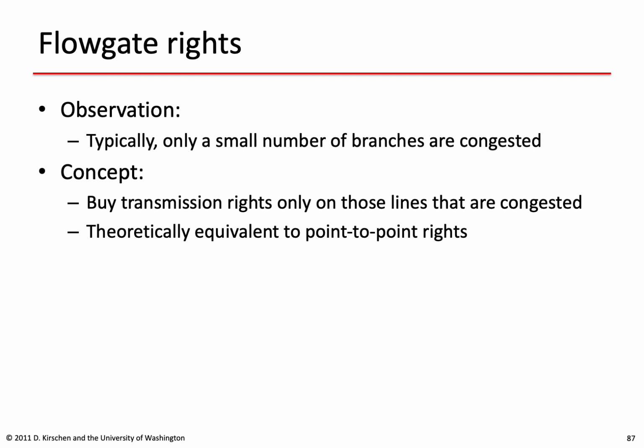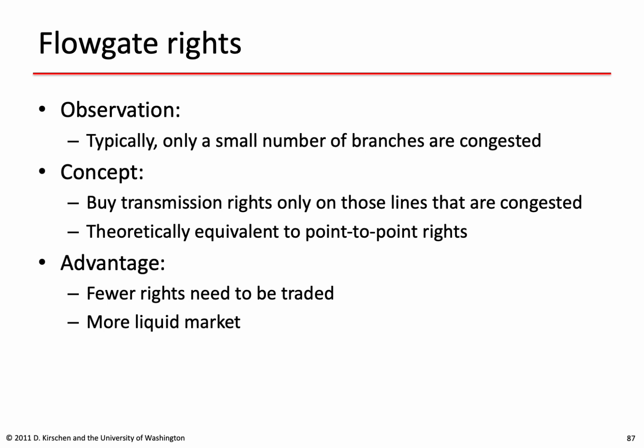And theoretically, it can be shown that it is equivalent to point-to-point rights. The advantage is that you would need to trade fewer rights because you would only need to trade on the branches that are congested. And that would lead to a more liquid market in flow-gate rights.